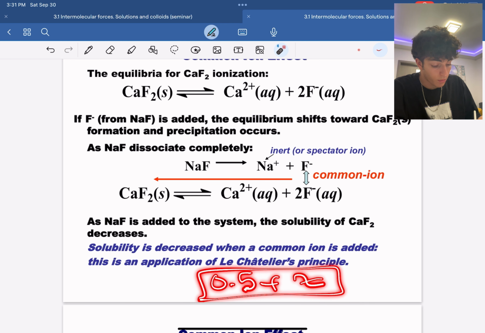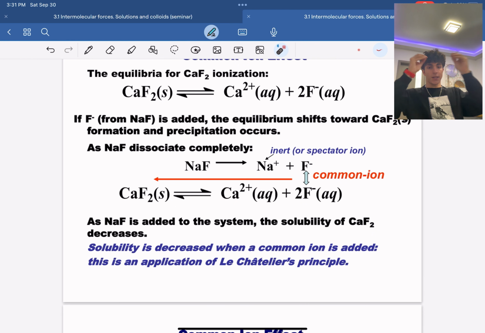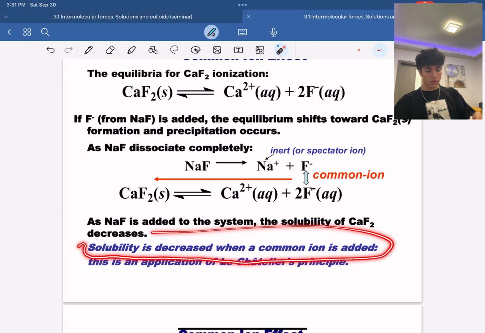So what does this mean? Imagine everything we've done in equilibrium, whenever you add something, something else is removed, or you go the opposite way. Same thing. If there is a common ion in the solution, solubility is always decreased. Always.